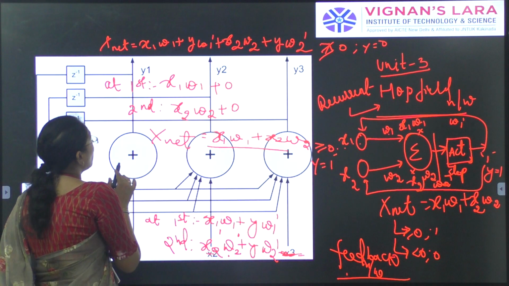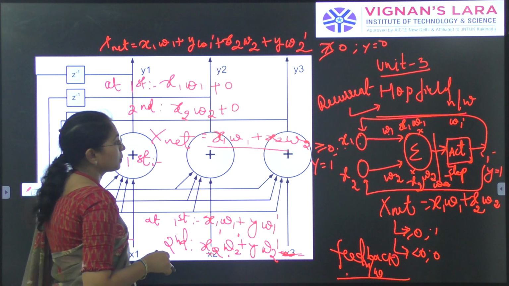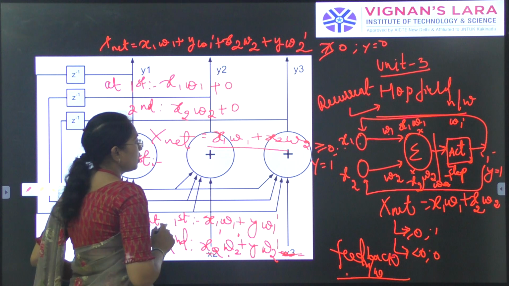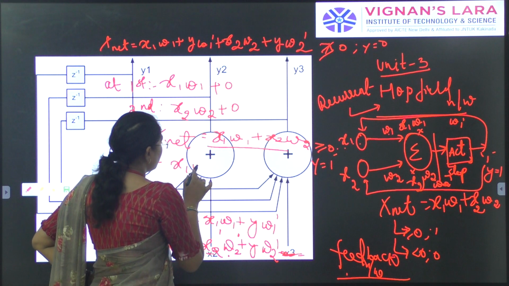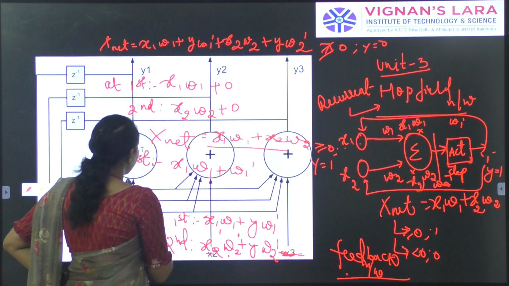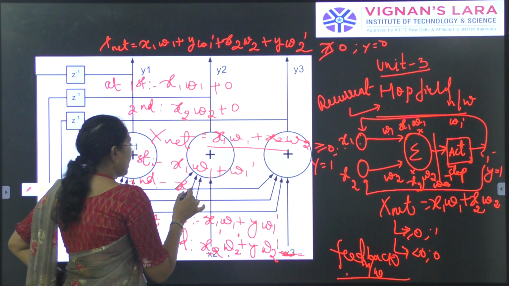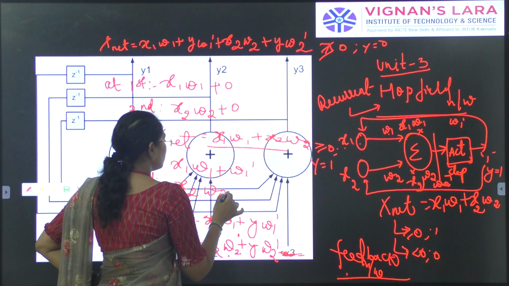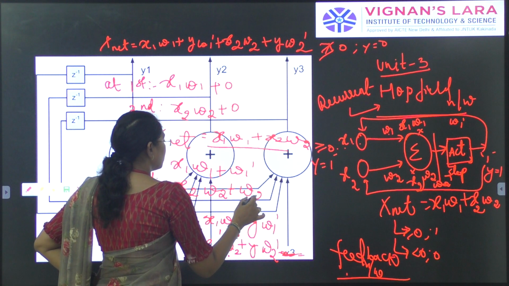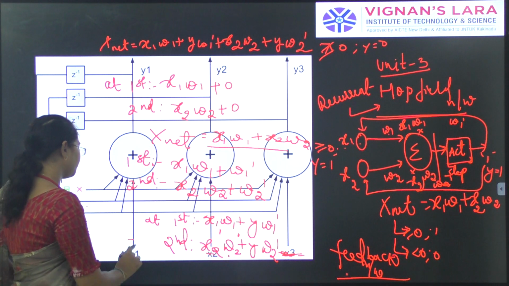Again we will perform computation. So x1 w1 plus y, which is 1, into w1 dash. At the second input, x2 w2 plus w2 dash. Now what is x net?